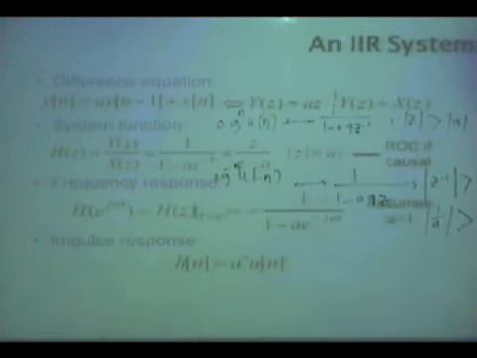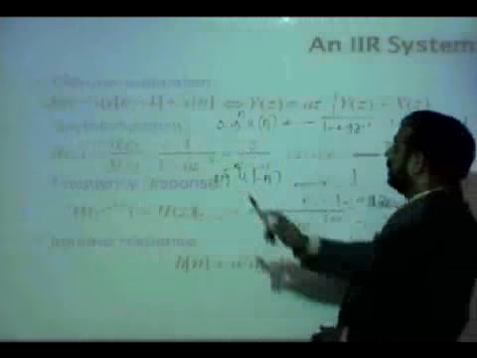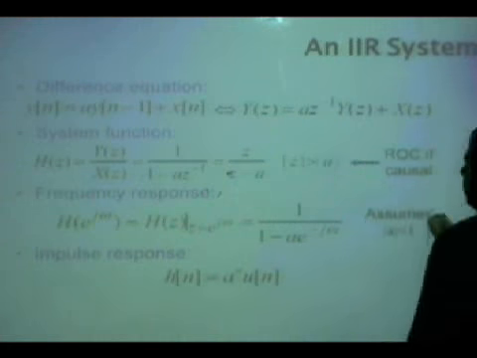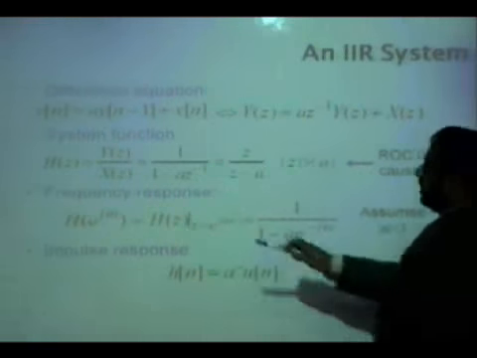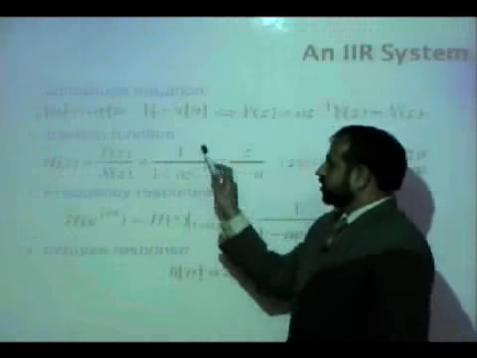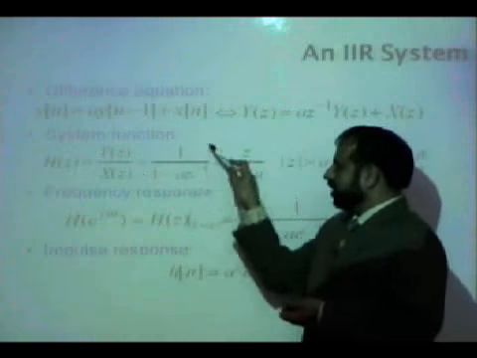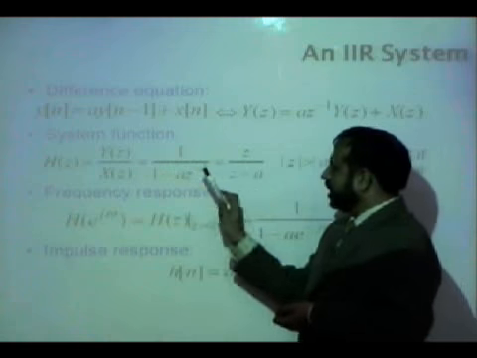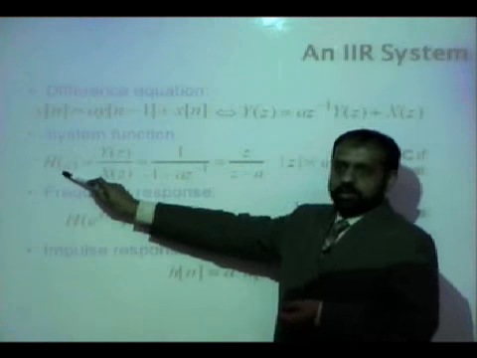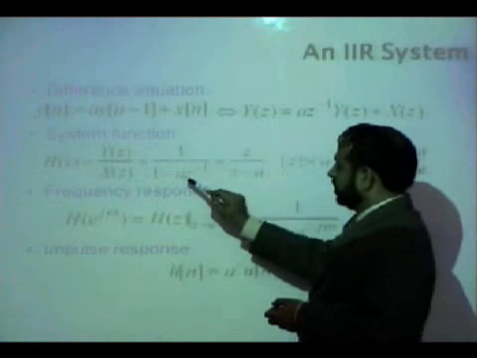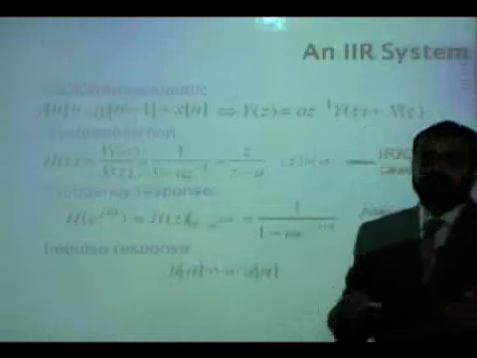Once we bring the difference equation into this form, take the Z transform of the difference equation, and bring it in terms of H of z, H of z will be something very familiar to you: 1 over 1 minus a z inverse. Once you take the inverse Z transform, you get h of n. So from the difference equation, we'll get to this expression, and from this expression, we'll get to seeing all the poles of the system.